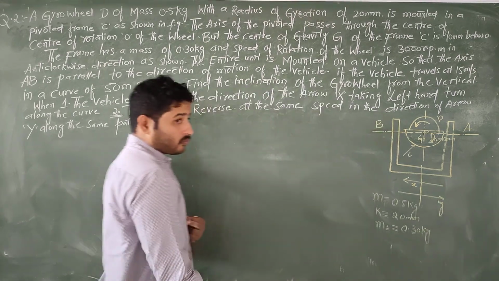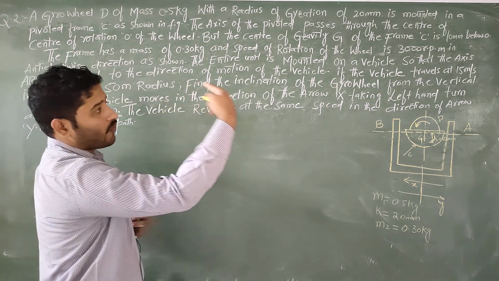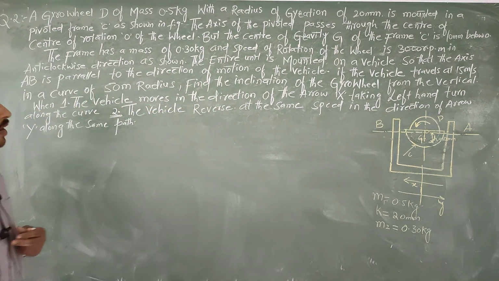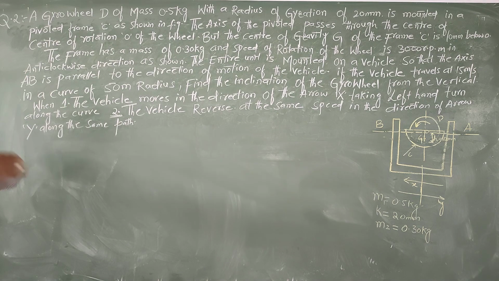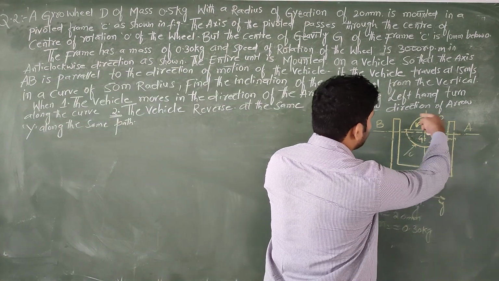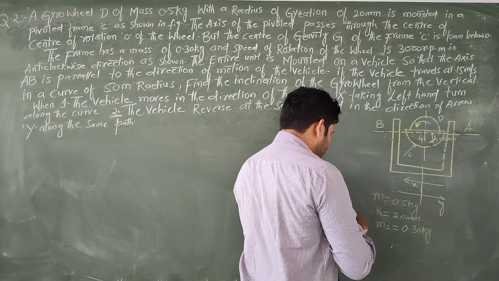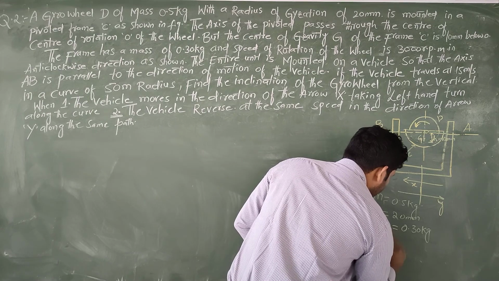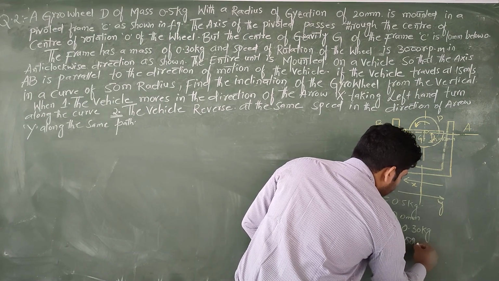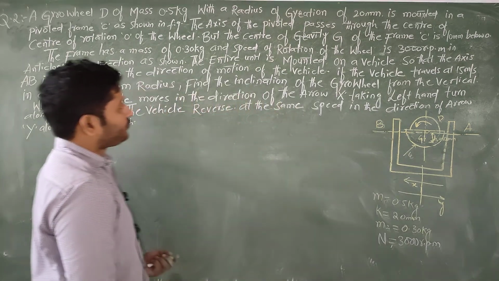And the speed of rotation of the wheel is 3000 rpm in the anti-clockwise direction. So the speed is given as N equal to 3000 rpm.